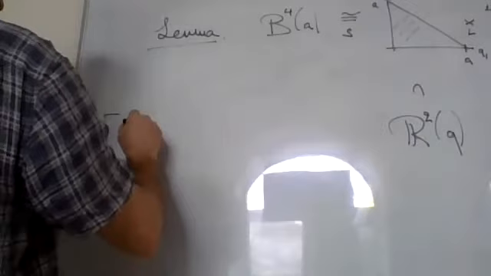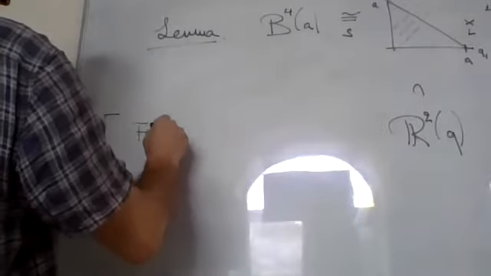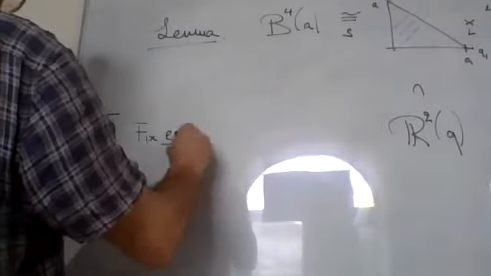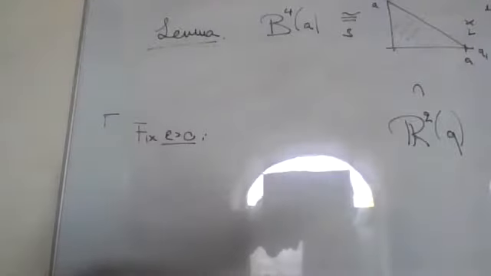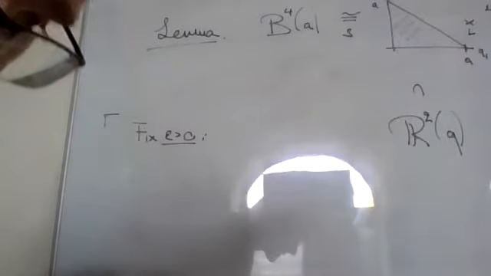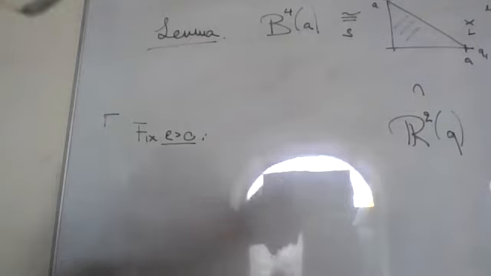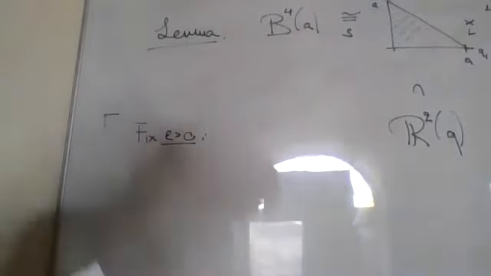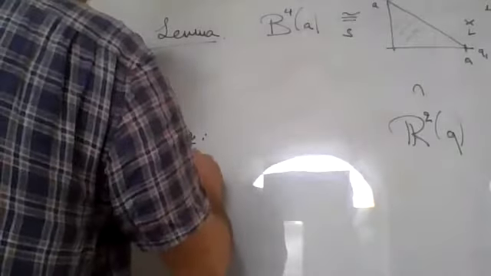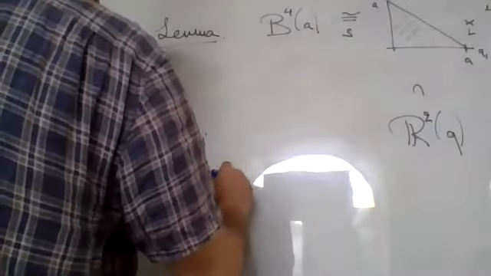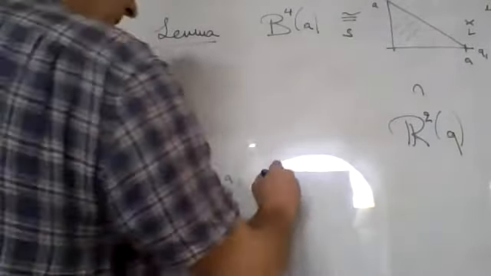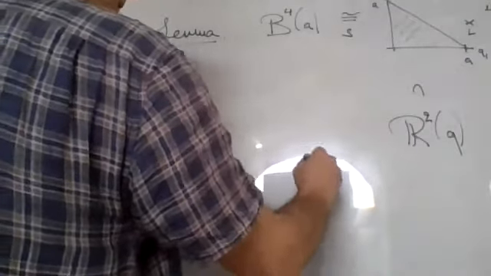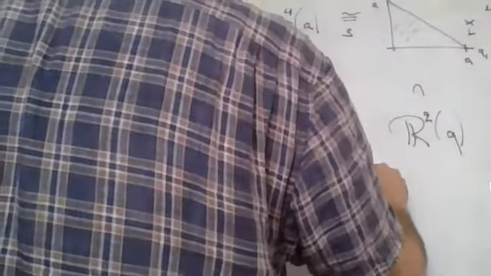So you fix positive epsilon. And then I write down two-dimensional symplectic mappings. And these are just volume-preserving mappings that are, well, also orientation-preserving, right? So I take the 2 ball, which is a disk, and I map sigma into R2.